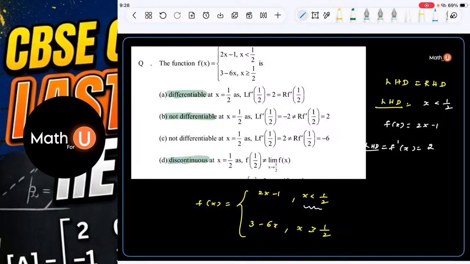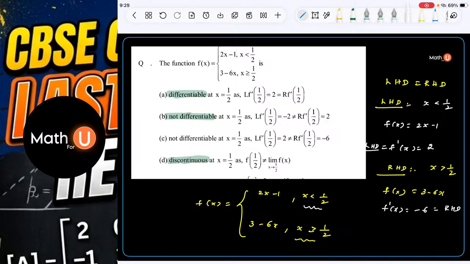Then you find the RHD, right hand derivative. For RHD you consider the function for x greater than 1 by 2, which is f of x equal to 3 minus 6x. Differentiate this, f dash of x equal to minus 6. This is nothing but the RHD.